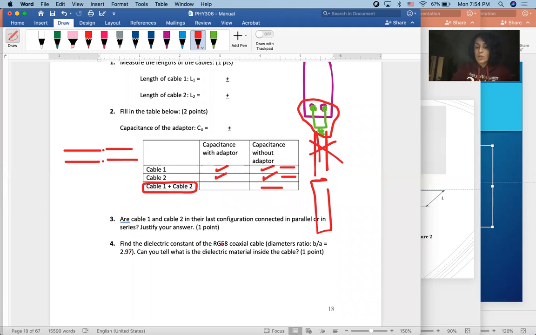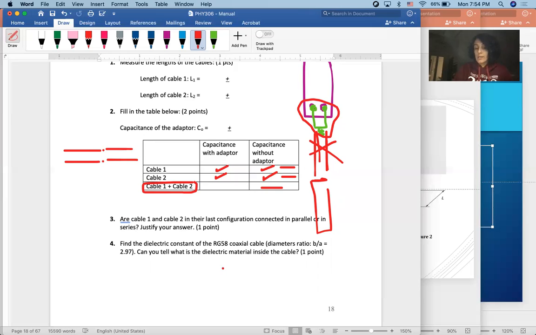Find the dielectric constant K of one of the cables. You are given B over A. Can you tell what the dielectric material inside the cable is? You have the length, you have B over A. You take one of the cables and find K. The cables are supposedly made of the same material, so it doesn't matter which. Then you try to guess.